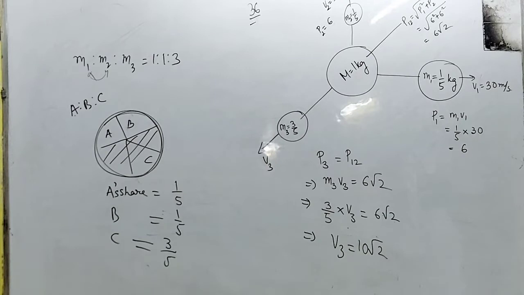m1 v1 is equal to m2 v2. m1 is given as 2 kg, m2 is given as 1 kg.